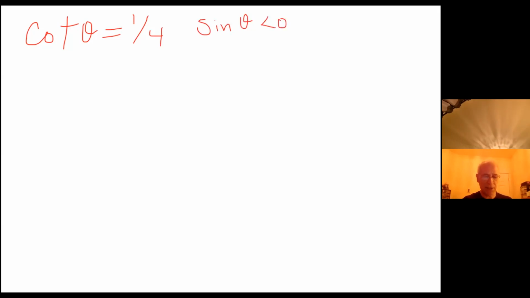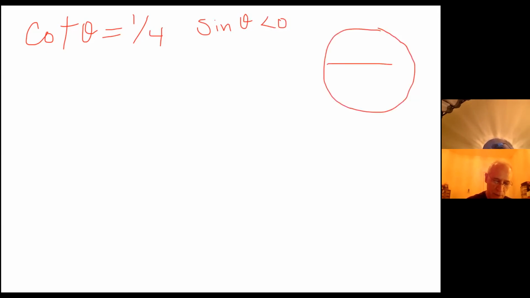Sine is negative in quadrant 3 and 4. But cotangent is positive in quadrant 1 and quadrant 3. Well, quadrant 1 we can't have because we know that sine is negative. So I have to be here in quadrant 3.